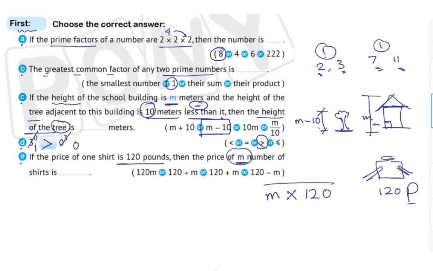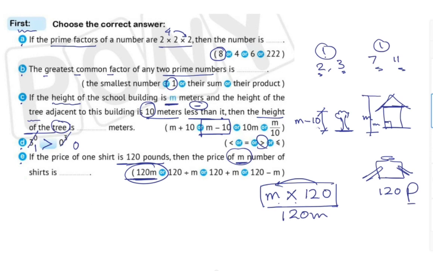So I will pay this amount of money, m by 120. I can write this expression as 120m. You look here, I have 120m here. So this is the price of m number of this shirt.